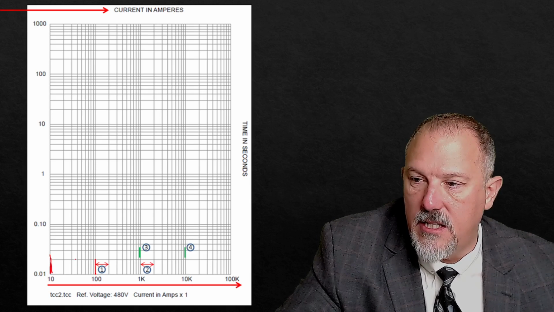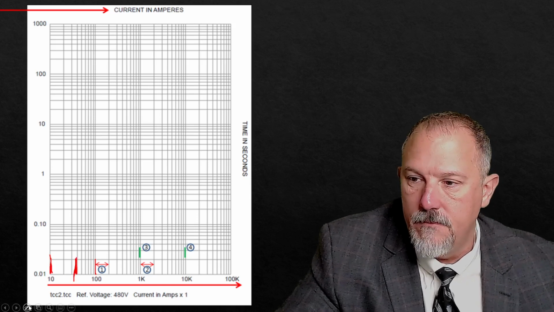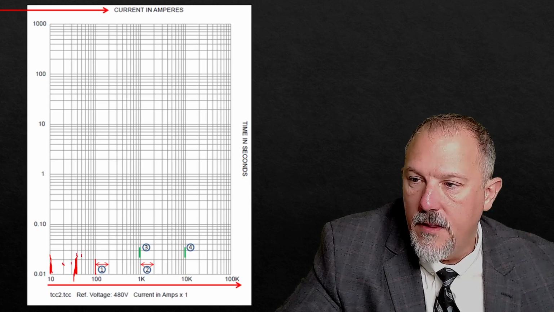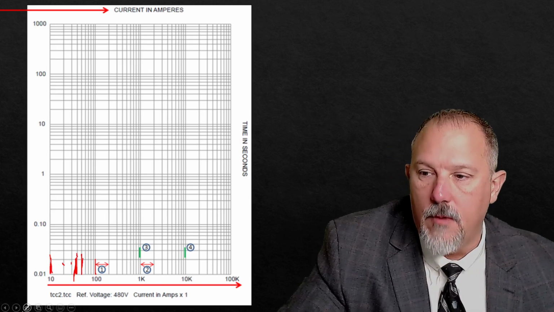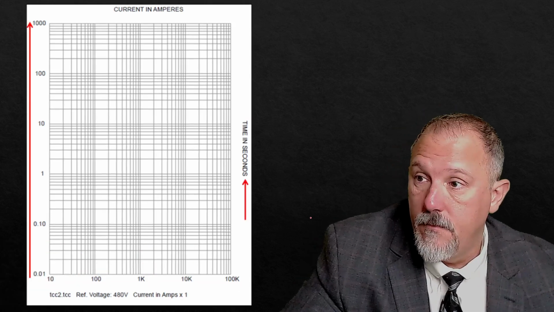If I split this difference directly in the middle, that would not be 50 amps. This is 10, this is 20, this is 30, this is 40, this is actually 50. It's a little bit further off to the right because it is log to log paper.